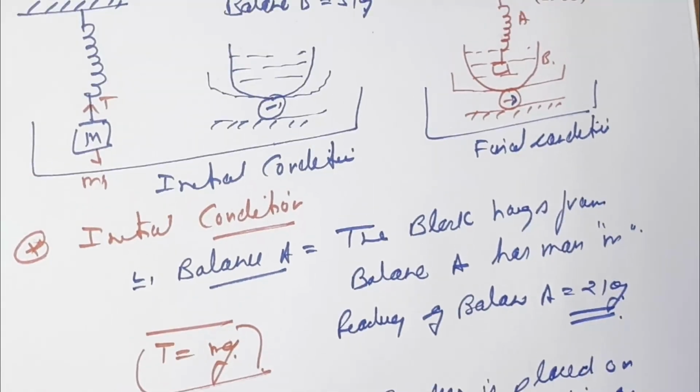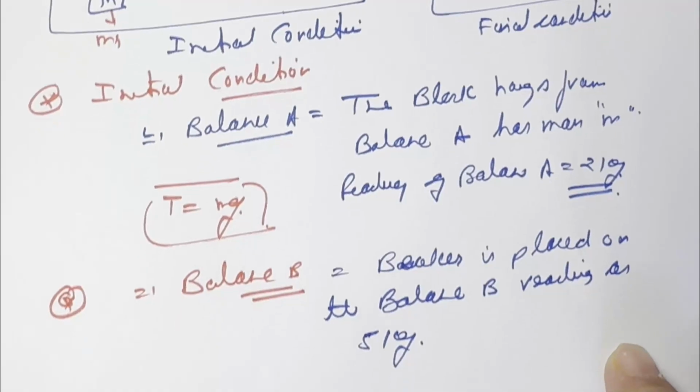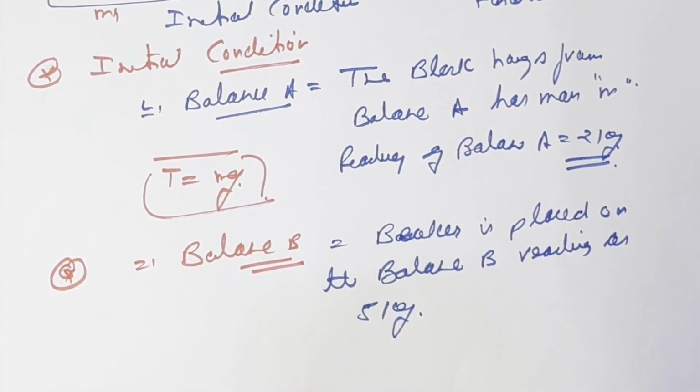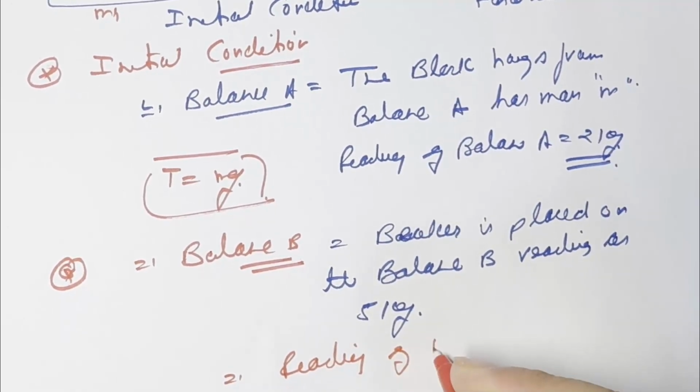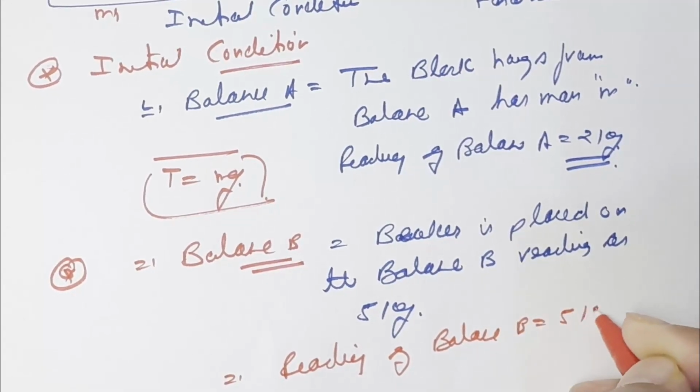It means the force it applies on balance B will be our WB, and that will be our 5 kg. And it is given that balance B reads 5 kg. Reading of balance B is our 5 kg.